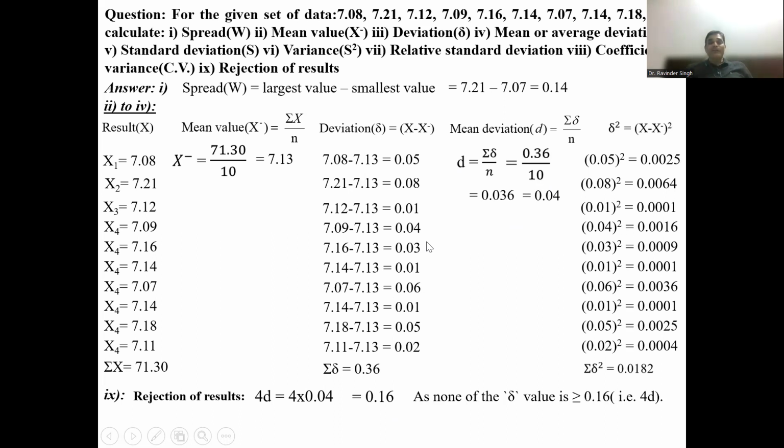You will observe that none of the delta values is greater than or equal to the 4D. Means none of these delta values is greater than 0.16; they are all smaller. So on that basis none of the values from the given set of data can be rejected. We will not reject any value.